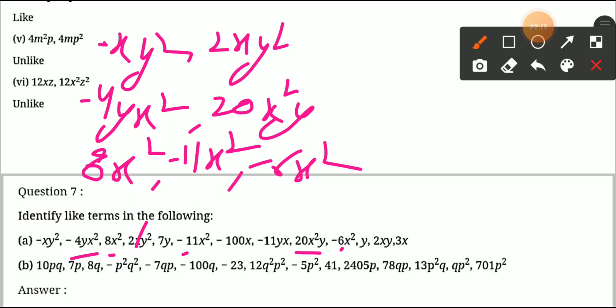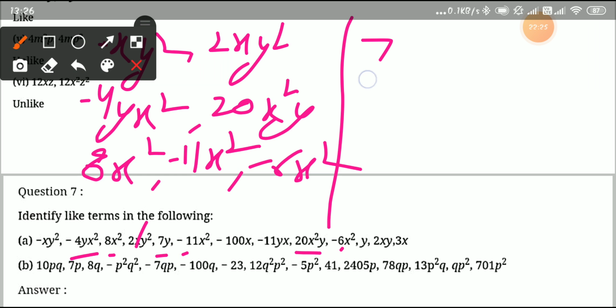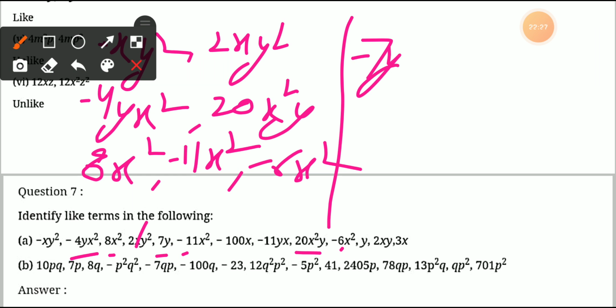Now what about the next one? 7y. Terms which contain only y. This is the only y one.